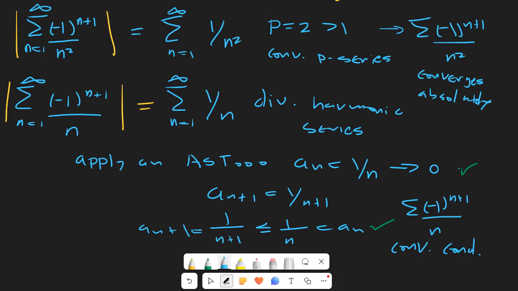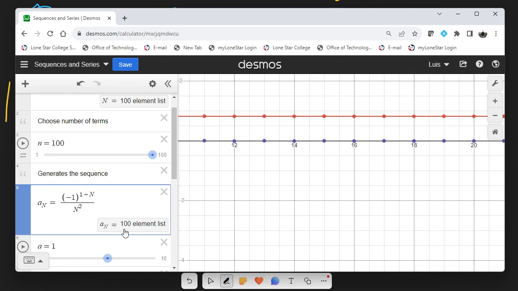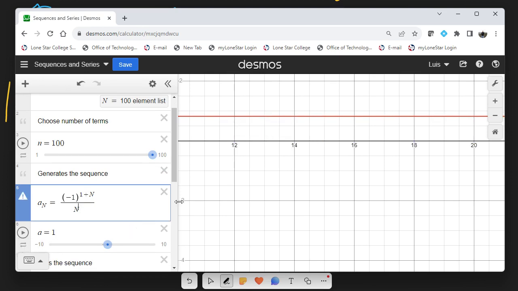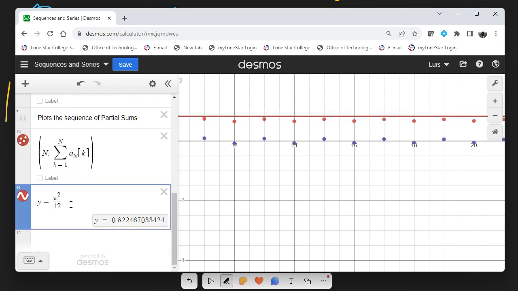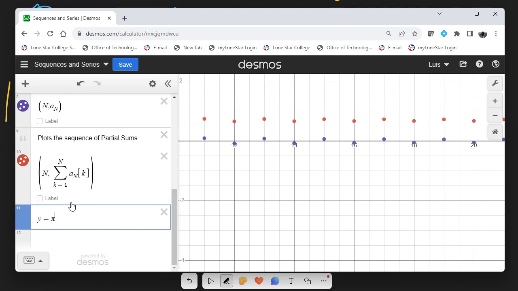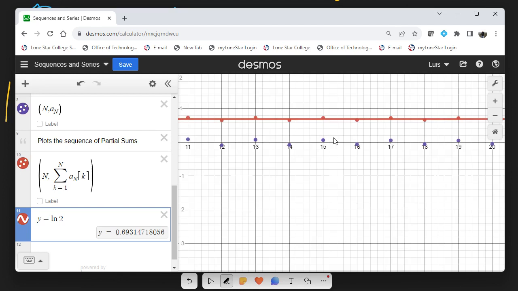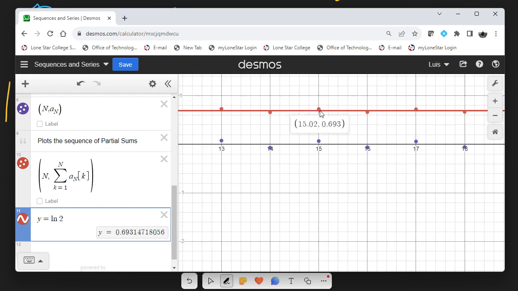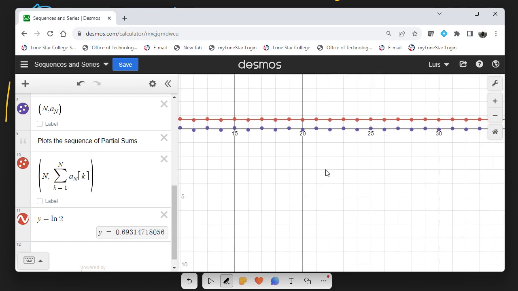conditionally. And similarly, if we were to go back to our diagram where we remove the n, we can now see that it's converging. The value to which it converges is not necessarily required that you would know, but notice that it is approaching slowly natural log of 2.